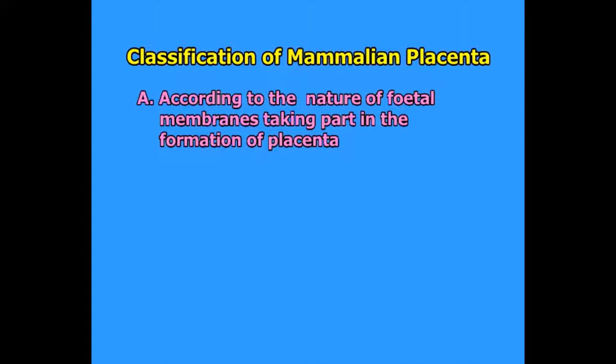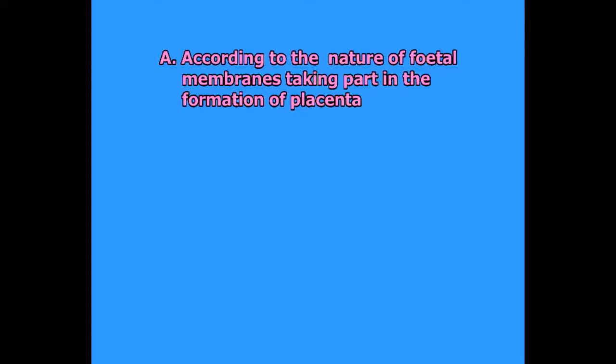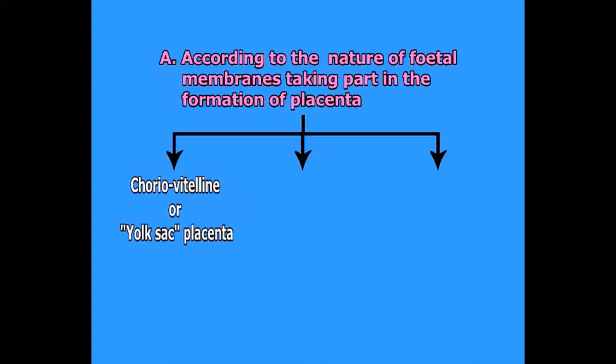Type A. According to the nature of the fetal membranes taking part in the formation of placenta, it is further divided into 3 subtypes. Number 1, choriovitelline or yolk sac placenta.